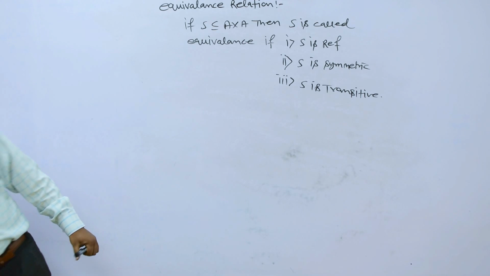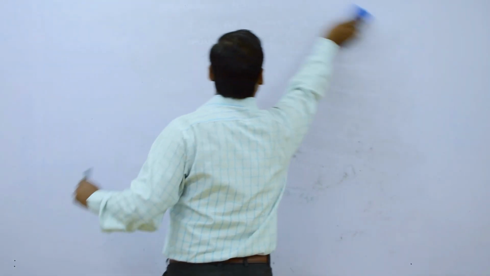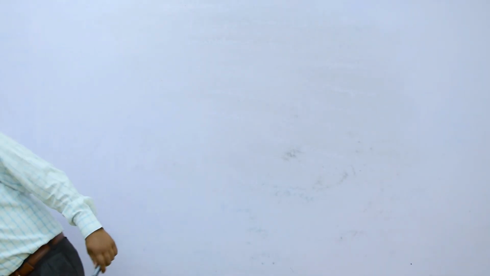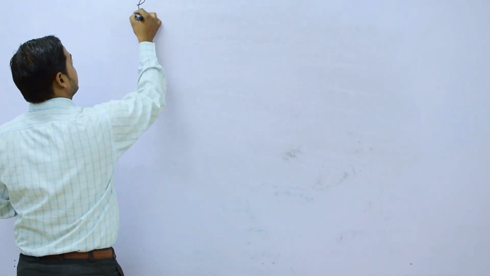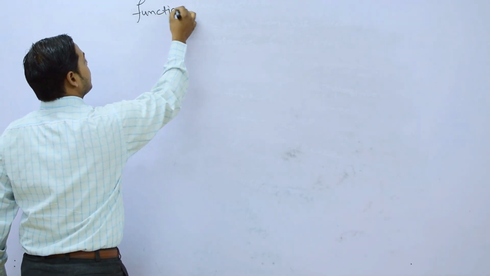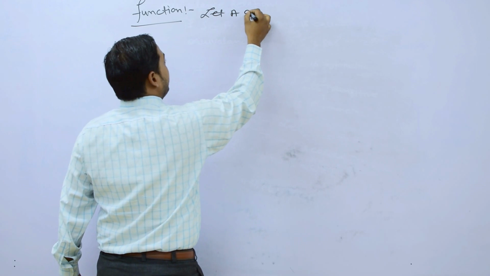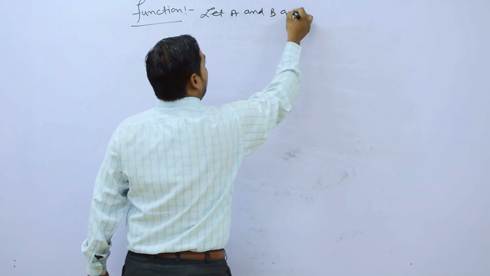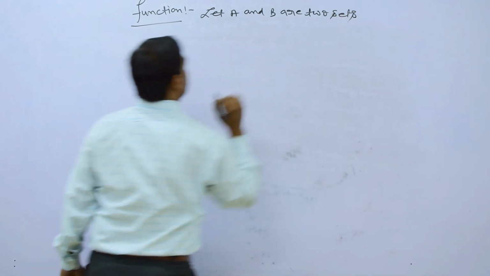Now the third term is function. With the help of relation we define function. Every relation need not be a function, but every function is a relation. Now, how do we define a function? Let A and B be two sets.